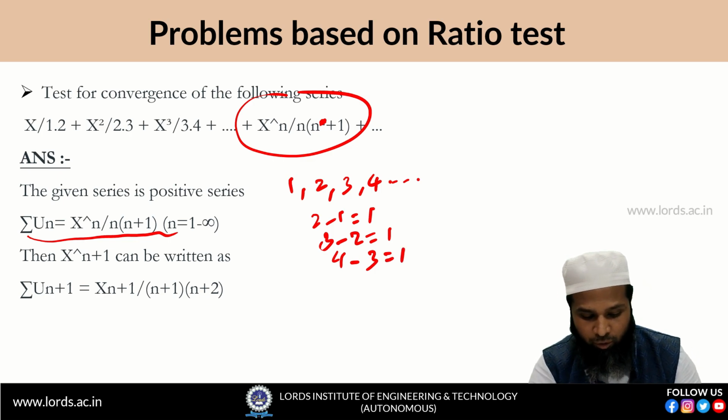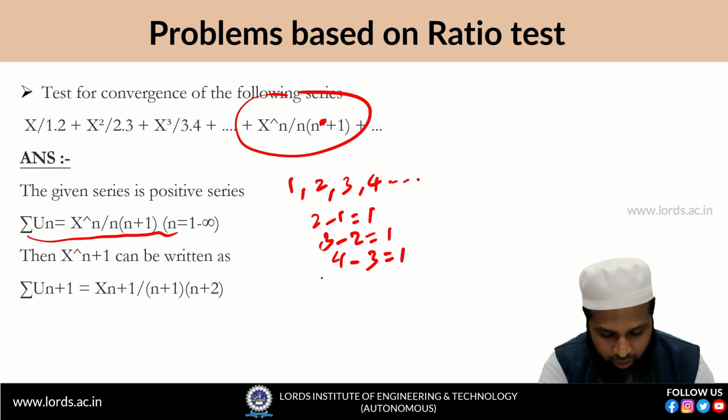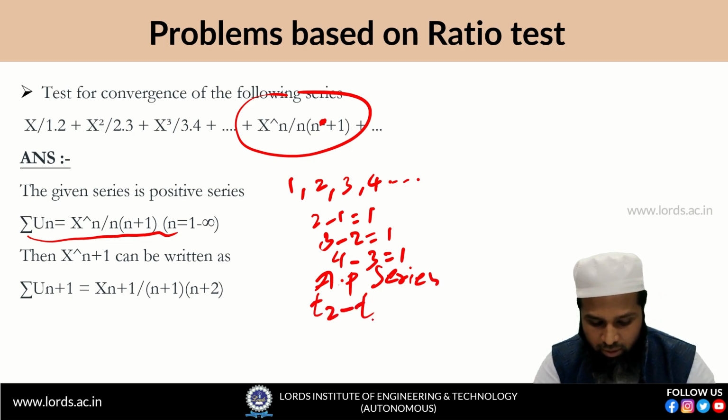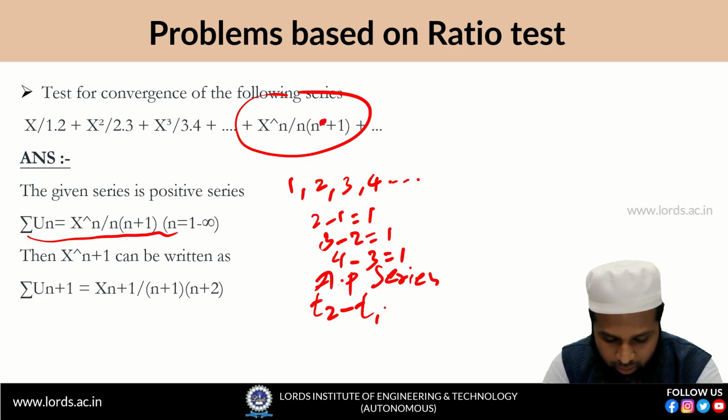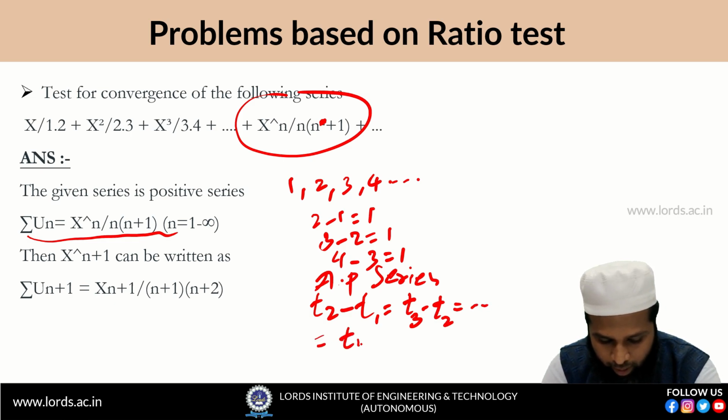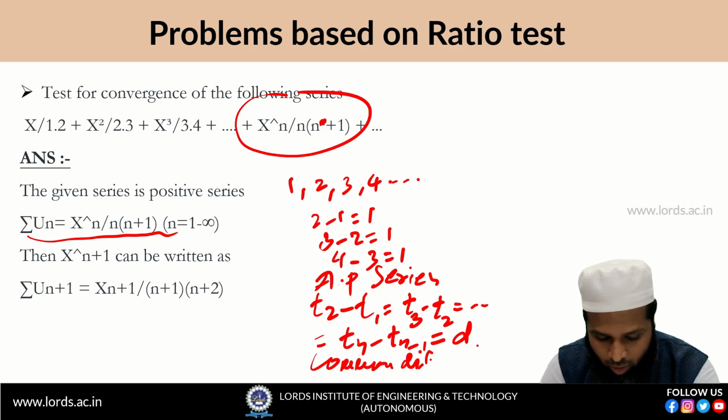So what does it mean? If you remember, in the AP series we discussed this: the second term minus the first term, the third term minus the second term, and so on, if all are equal, we call this small d, the common difference.